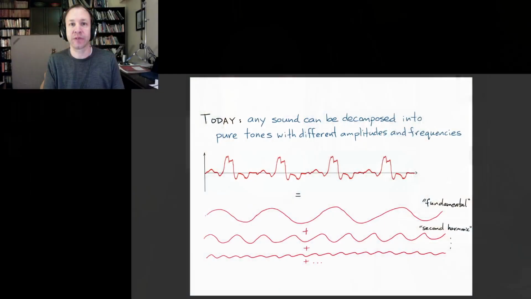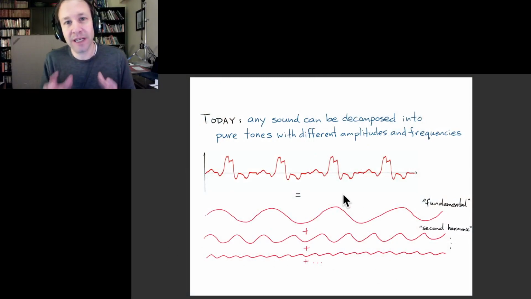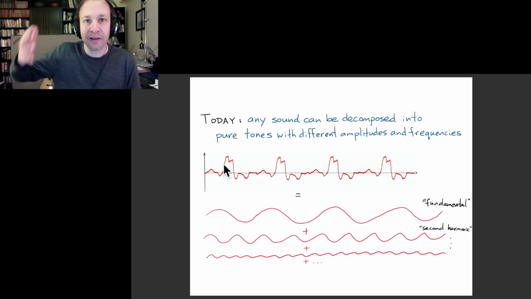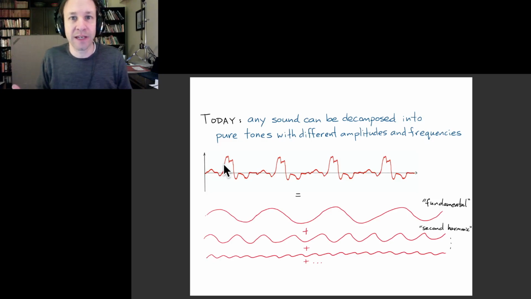Okay, so in this video, I am going to talk about what might be the most important idea in really understanding the physics and mathematics behind music. And the idea has to do with what I mentioned last time, that if we want to understand some complicated looking time graph, this is the displacement of air versus time in a sound wave.